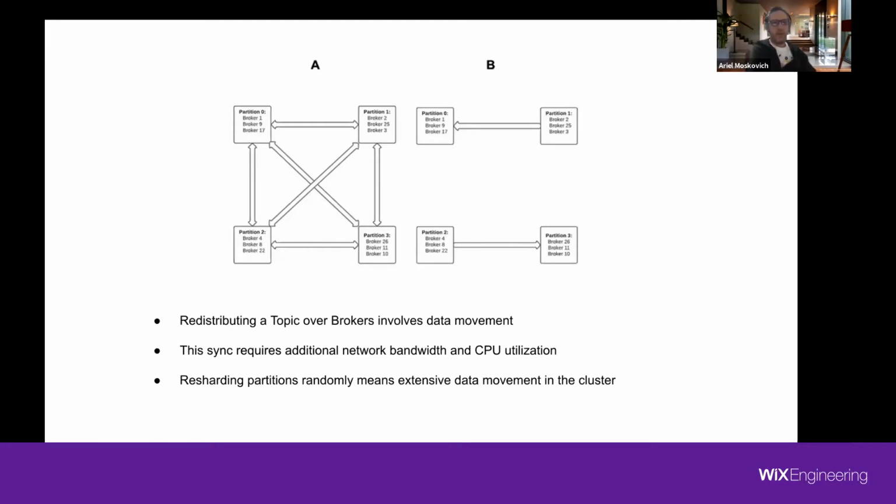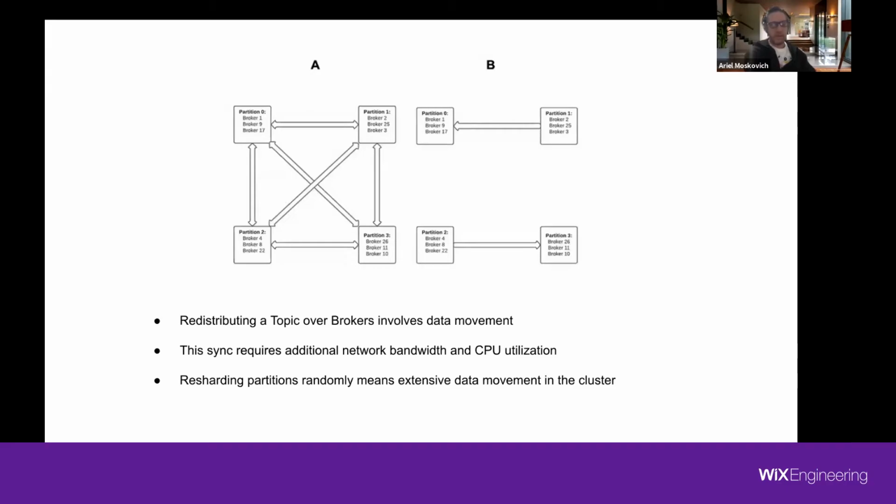So if we take one topic and just reshuffle it across the new brokers and create a new structure of this topic with the new brokers, eventually this topic will statistically distribute or balance the partition count and leadership better than before.